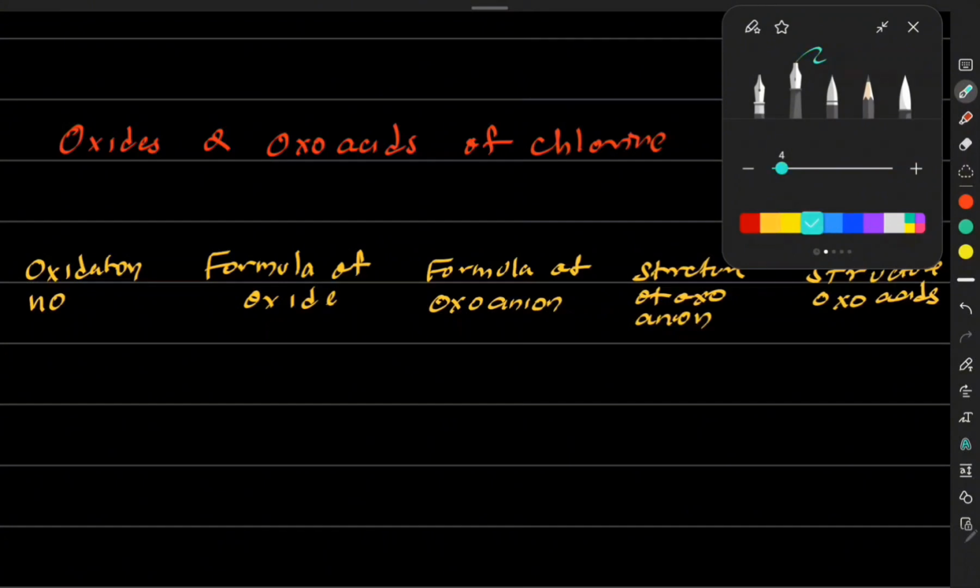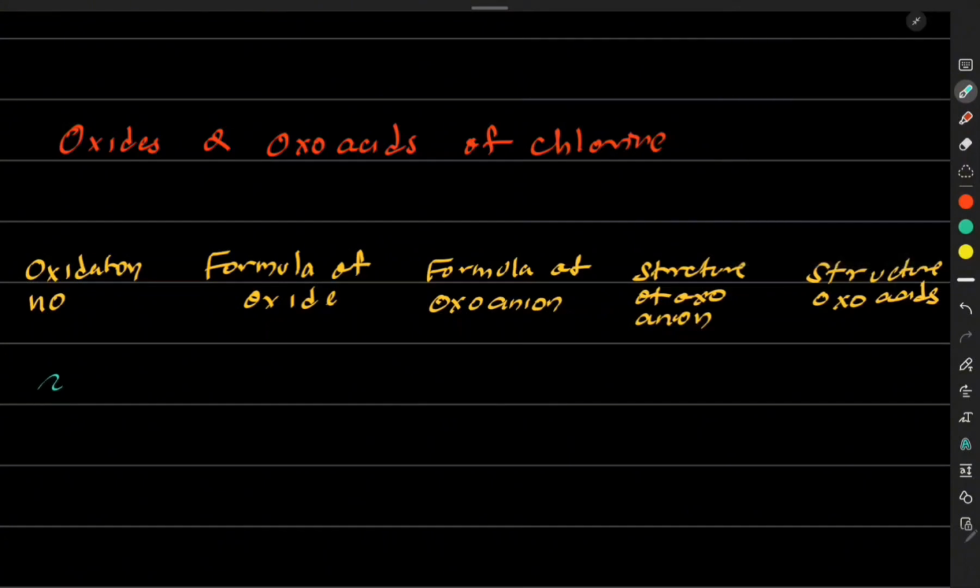First, we will be looking at the +1 oxidation state. The formula of the oxide is Cl2O. The formula of the oxo anion is ClO minus. The structure is O minus and a single Cl.